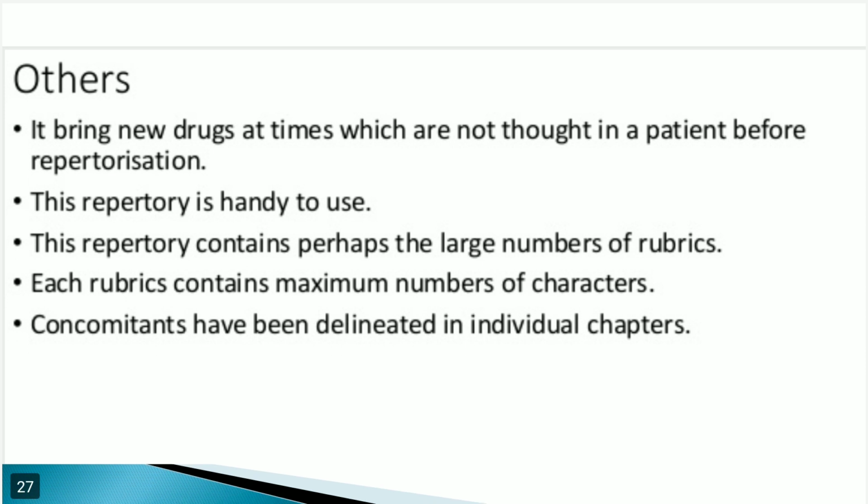Then it brings new drugs at times which are not thought of in a patient before repertorization. So we don't even think about any drug that came after the repertorization. Then this Kent repertory is very much handy to use.